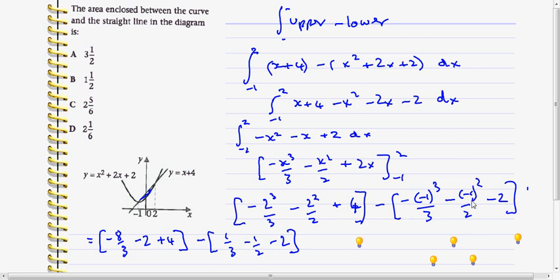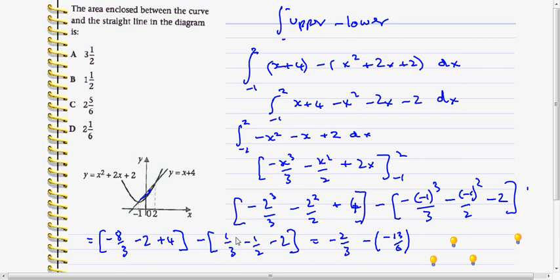Minus 1 squared gives us 1 over 2, so it's minus a half minus 2. Then dealing with that first bracket, minus 8 over 3 minus 2 plus 4 gives us plus 2, so it's 2 minus 8 over 3. 2 is 6 over 3, so it's 6 over 3 minus 8 over 3 gives us minus 2/3.